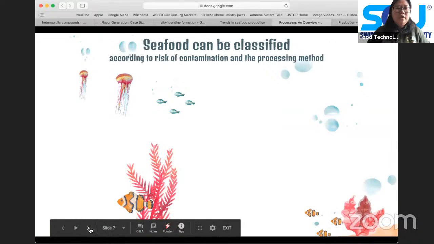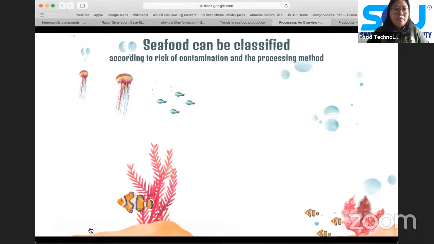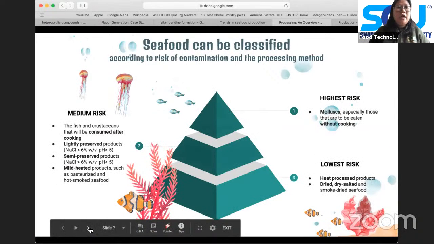Now, according to risk of contamination and the processing method, seafood can be classified into 7 groups. The first group is mollusk. This is the category which has the highest risk, especially those that are to be eaten without cooking.